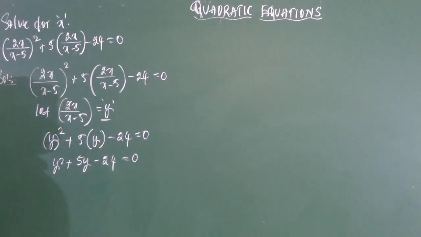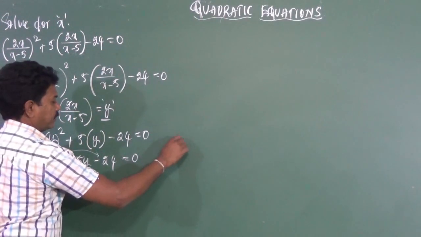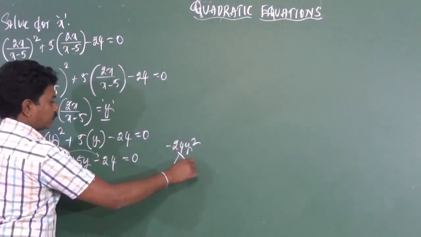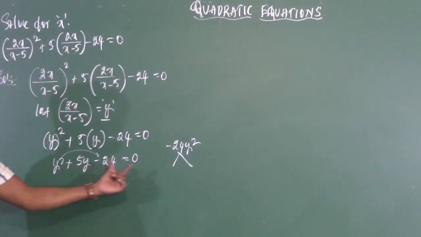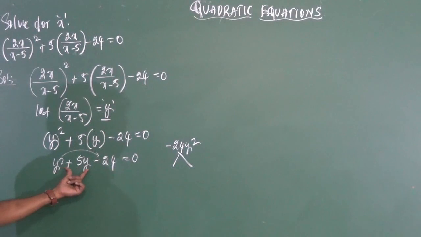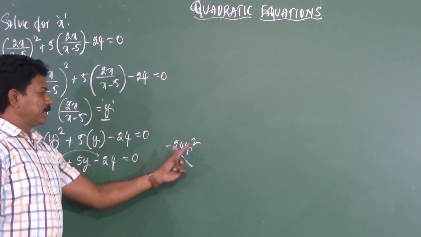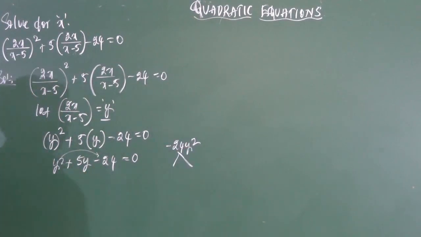So let us solve this by the method of factorization. So you know the sum product method, y square into minus 24 is minus 24 y square. So you have to search for 2 numbers in such a way that the sum of those 2 numbers gives you plus 5y and the product gives you minus 24 y square.